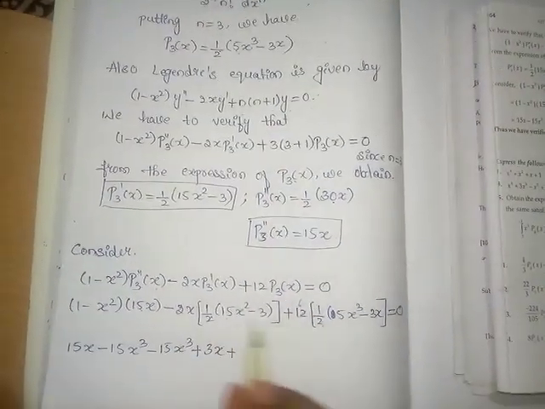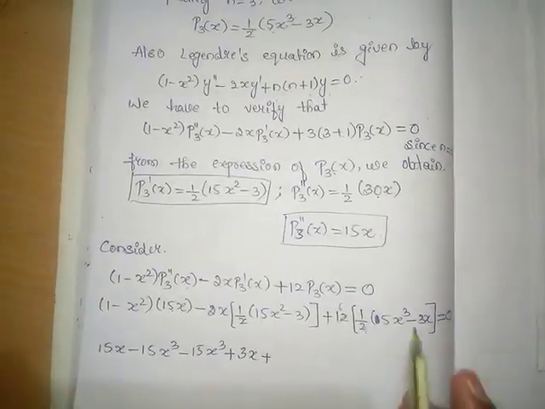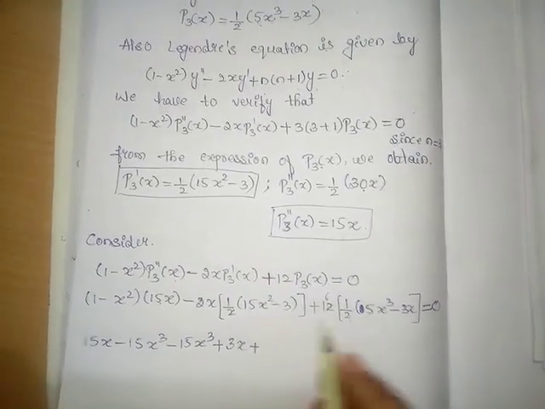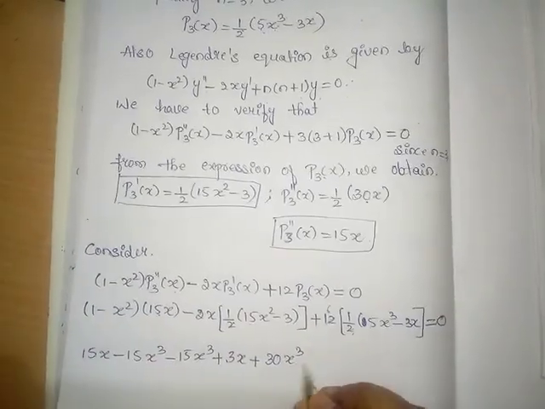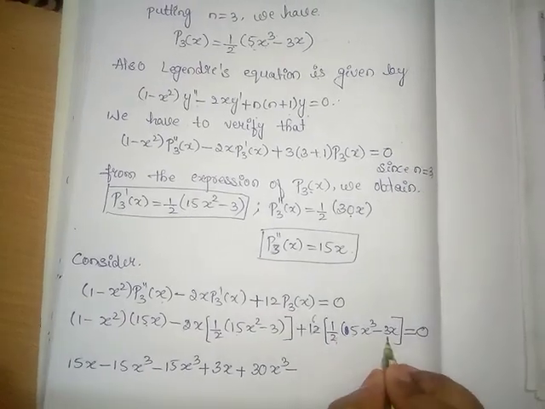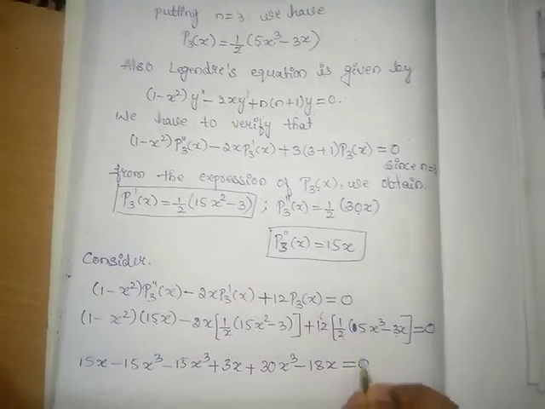Here we have 15, so I just made a mistake here. 5x cube means 6 5s are 30x cube, plus into minus, minus 6 3s are 18x is equal to 0.